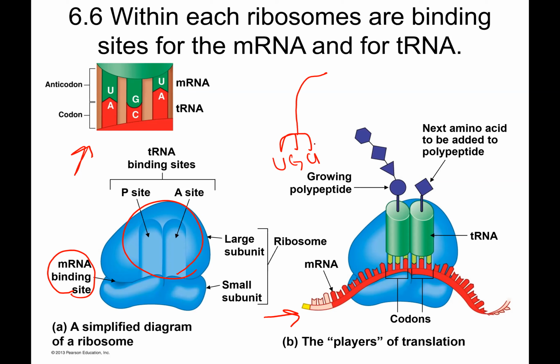Each codon finds its complementary anticodon, or the anticodon finds a complementary codon. When it finds that, the tRNA molecule binds to the mRNA and to the ribosome, and then you have the transfer of an amino acid onto the growing protein. And we're going to watch a video of this so you can see the process occurring. It really helps to visualize it more than just a picture. Okay, so we'll watch a video that will show you this process a little bit more.